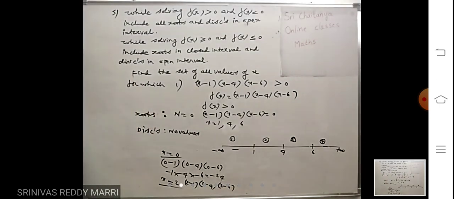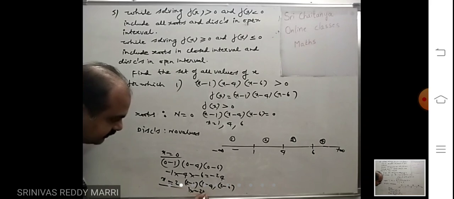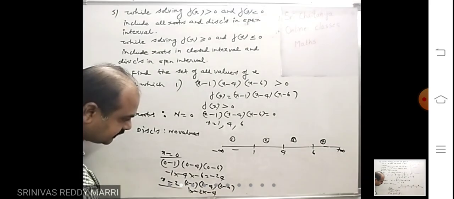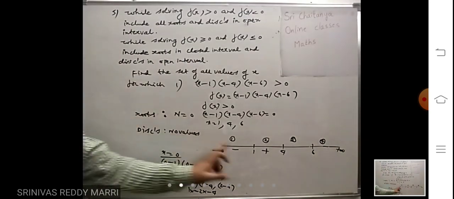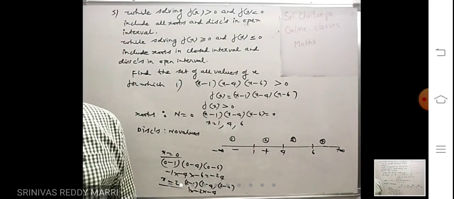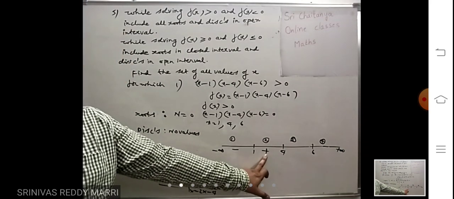That is 1 into minus 2 into minus 4. Positive or negative? This is positive. Write that sign, plus. I have taken 2; if you take x equal to 3, you will also get positive.